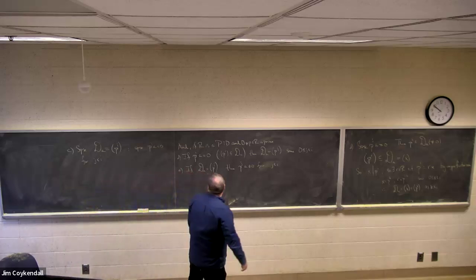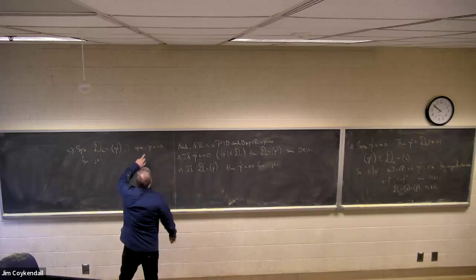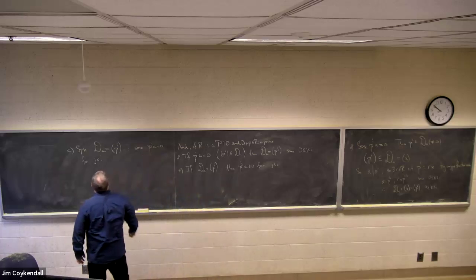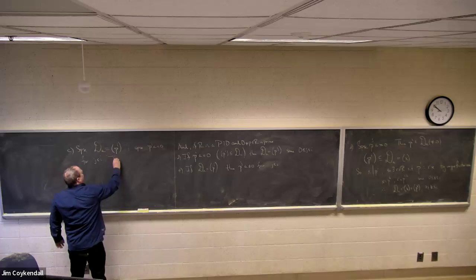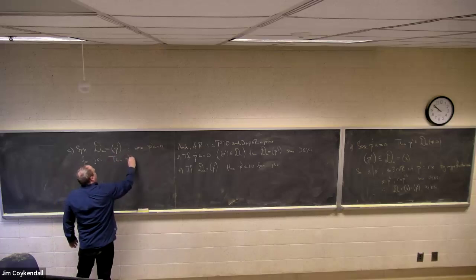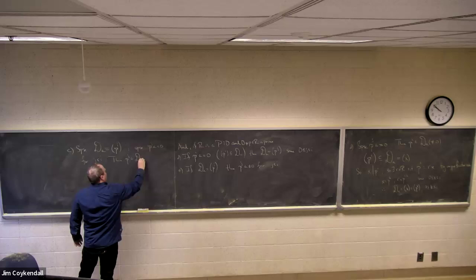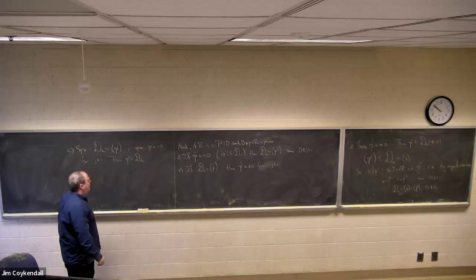Well, if P^A annihilates A, then P^J is one of the things that kills A, so that belongs in the ideal.